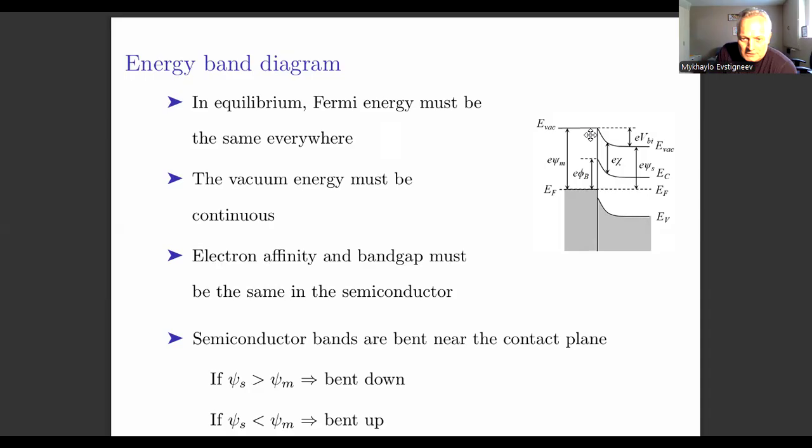This may seem a little bit counterintuitive, but it's not. It simply means that there will be some sort of a small potential difference developing between the metal and the semiconductor. And that potential difference between the two materials results in the bending of the semiconductor bands.